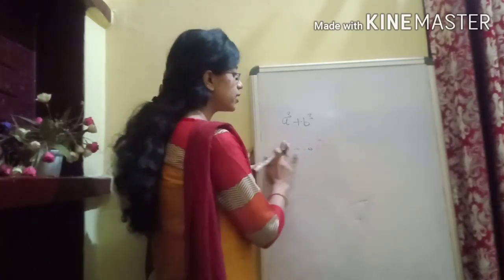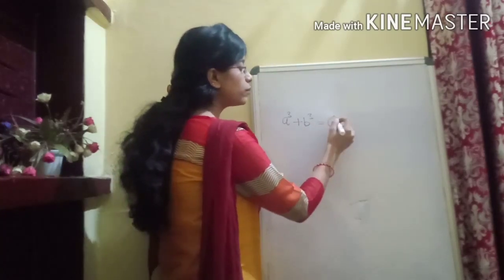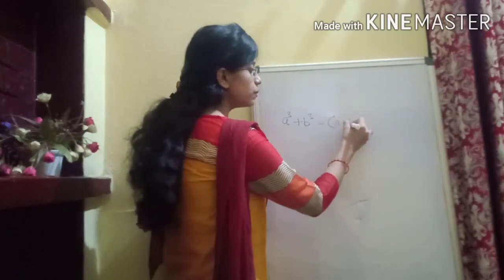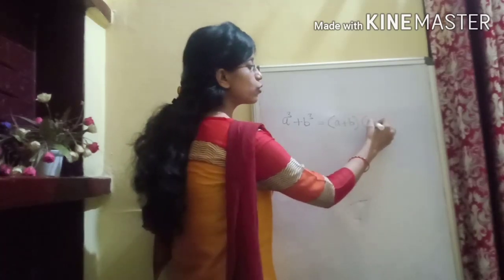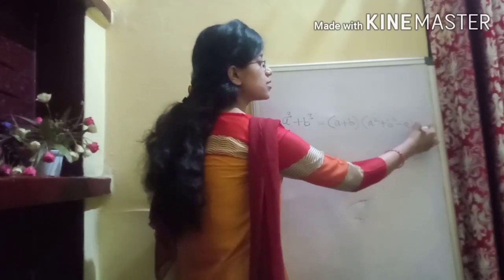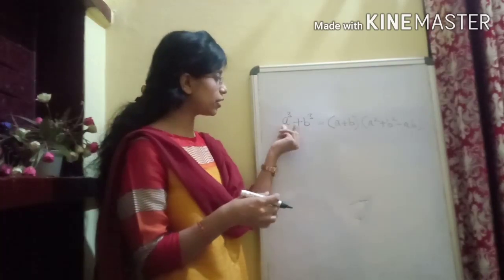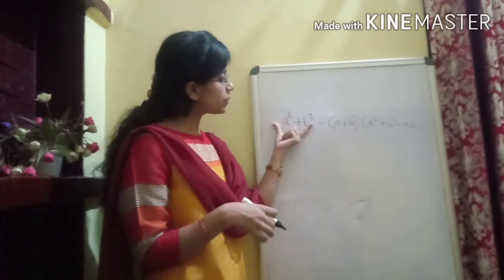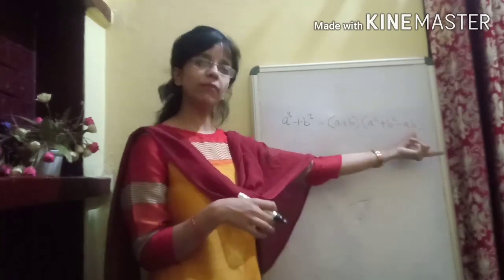Okay, so the identity for a cube plus b cube is, in one bracket a plus b, another bracket with multiplication, a square plus b square minus ab. This is the identity of a cube plus b cube. So if somewhere we find written a cube plus b cube, in place of this we can write this, that is a plus b and a square plus b square minus ab.